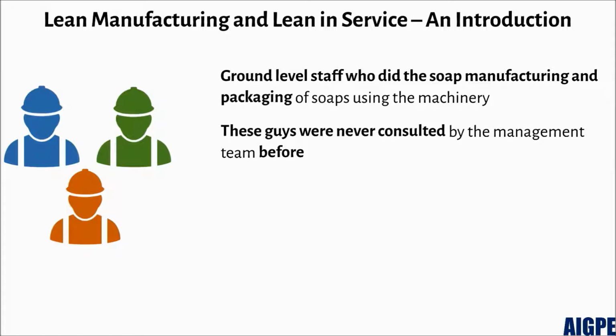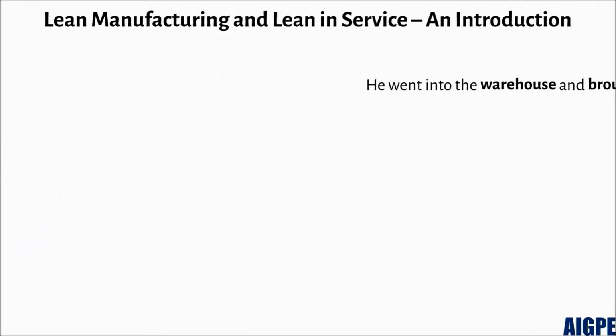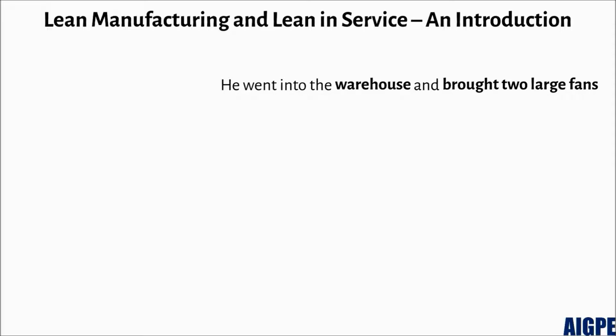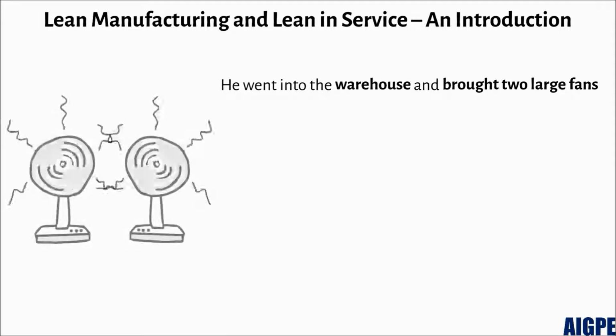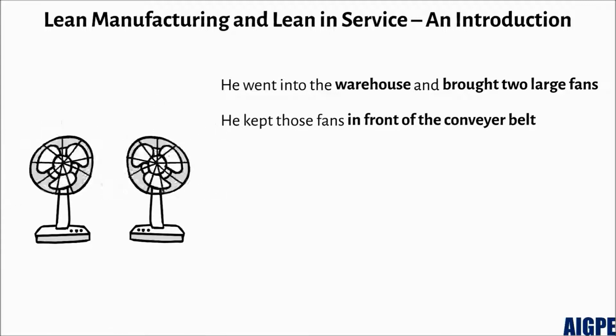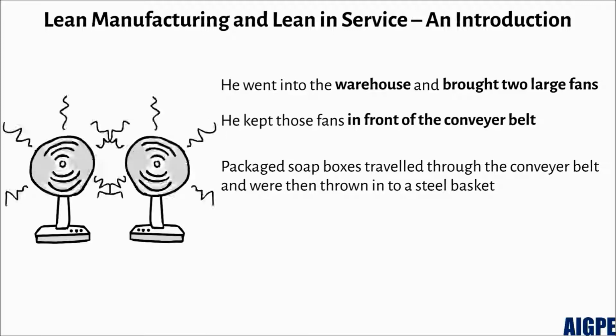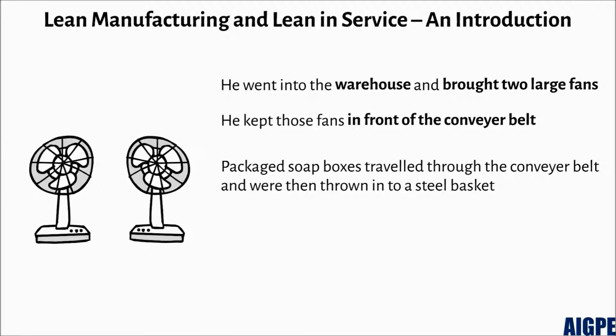When they heard the issue, one of them said, "Oh, is this a problem? Empty soap boxes are being shipped to the distributors? No worries, I have a solution. Just hang on for a moment." He went into the warehouse and brought two large fans. He kept those fans in front of the conveyor belt. Packaged soap boxes traveled through the conveyor belt and were then thrown into a steel basket.